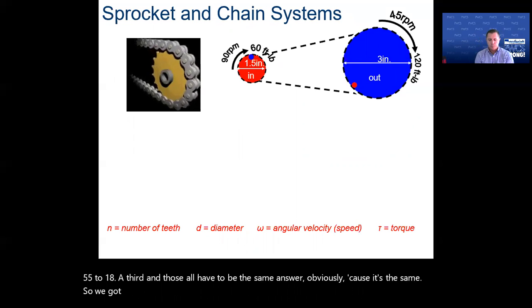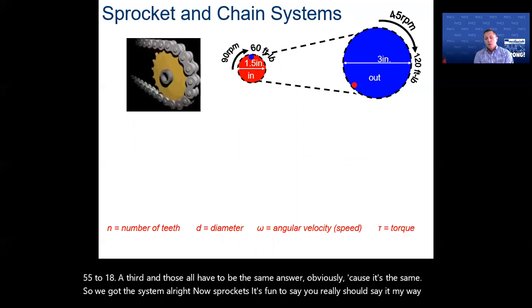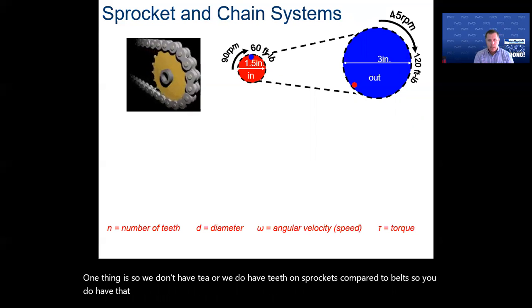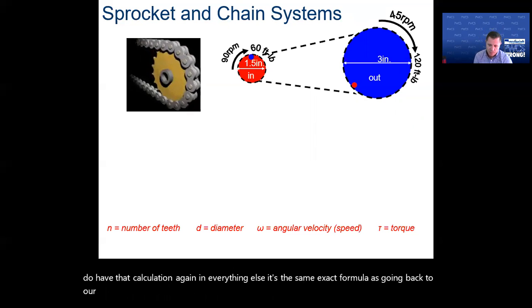All right, now sprockets. It's fun to say. You really should say it my way. One thing is, we do have teeth on sprockets compared to belts. So you do have that calculation again and everything else. It's the same exact formula as going back to our gears. So sprockets, you're still going to follow the same thing.